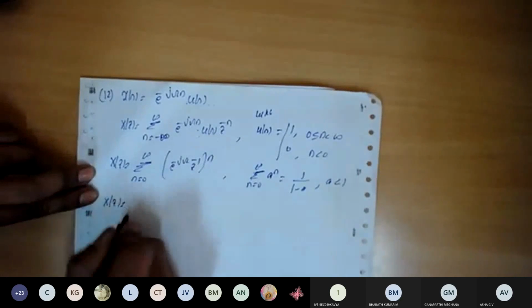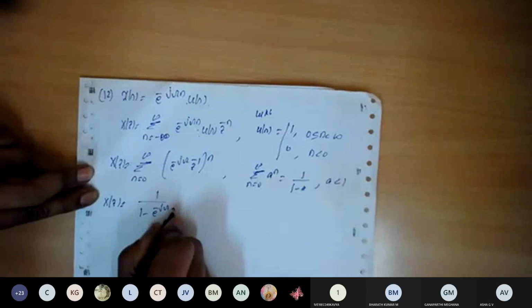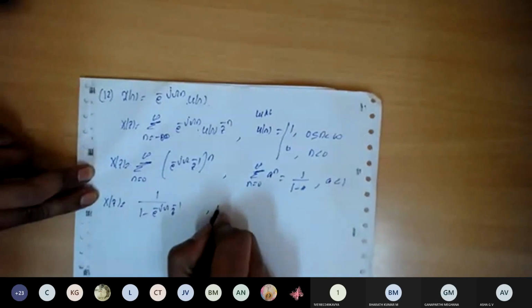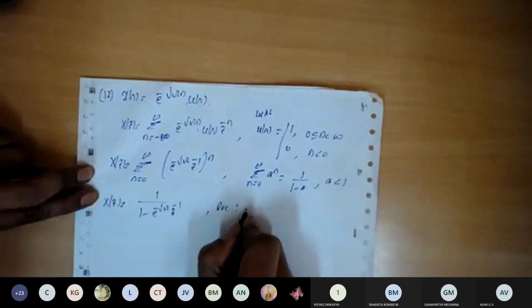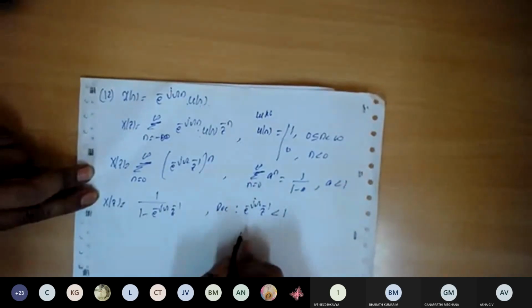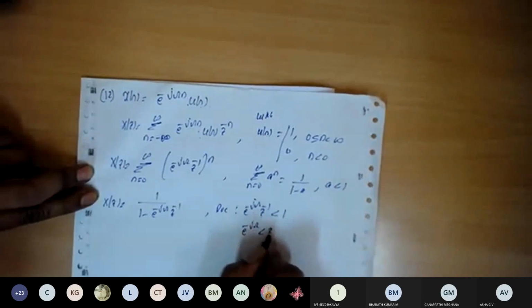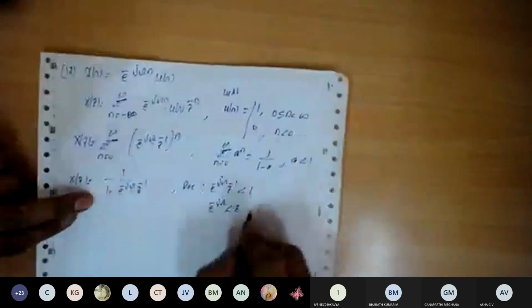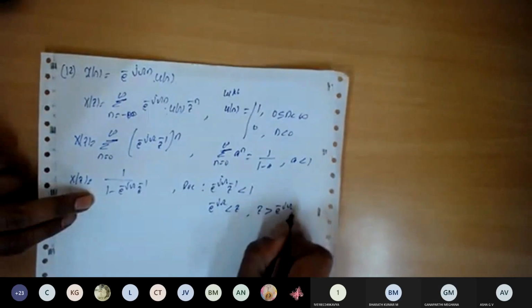So X of z will become 1 divided by 1 minus e to the power of minus j omega into z inverse. The ROC is, this quantity should be less than 1. That is, e to the power of minus j omega into z inverse should be less than 1. Z inverse, if you move that side, means e to the power of minus j omega should be less than z, or z should be greater than e to the power of minus j omega.